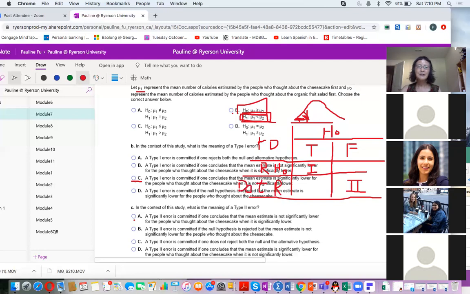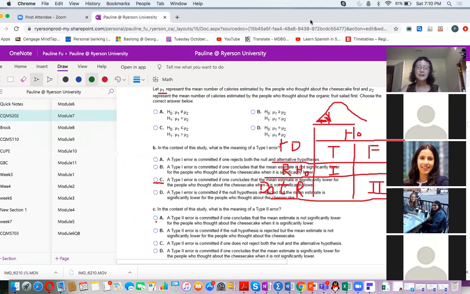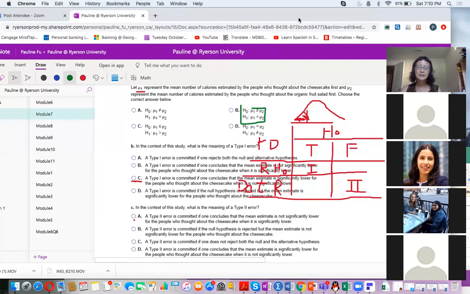So in our situation, what is our situation? Always remember our situation is here. This is our test. You are making type 2 error means you are saying population mu1 is greater than or equal to population mu2.